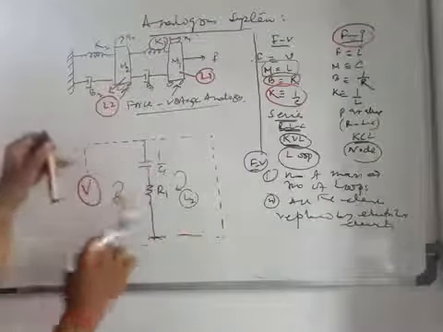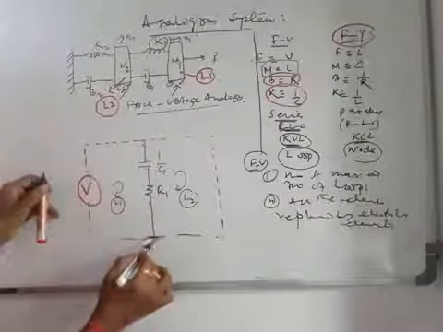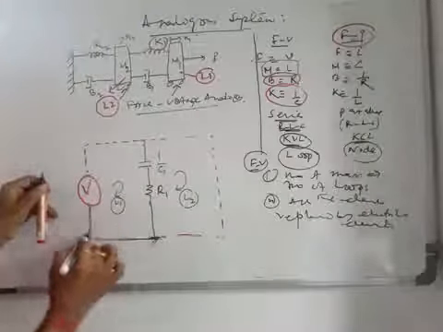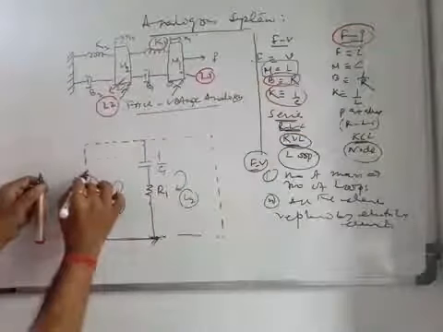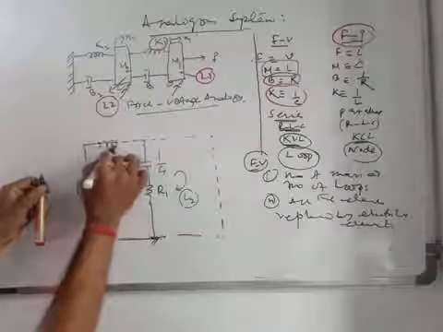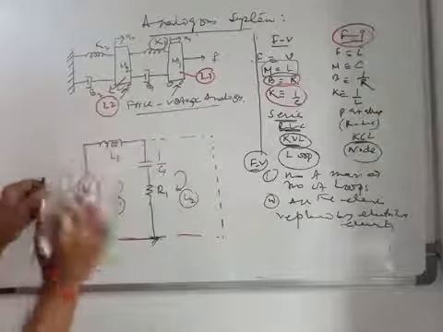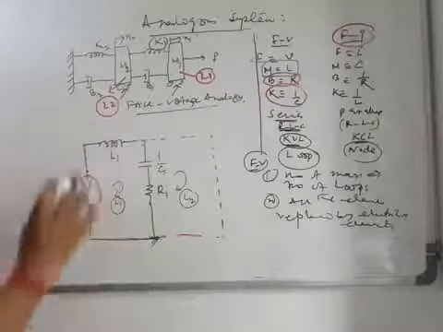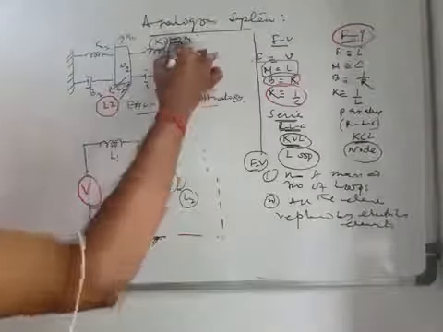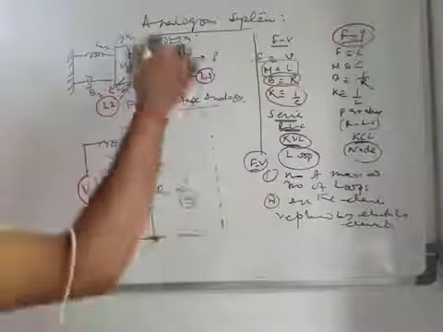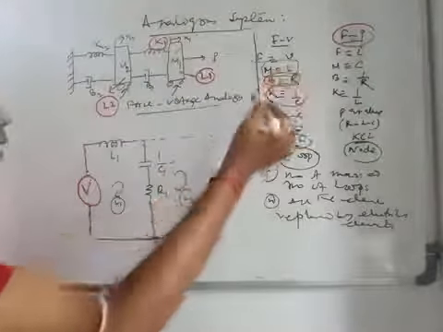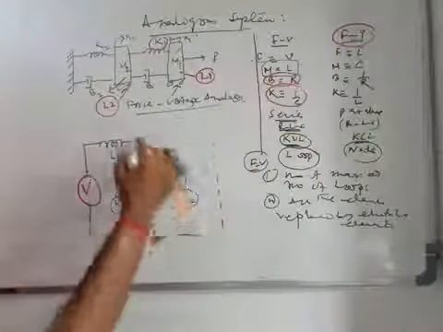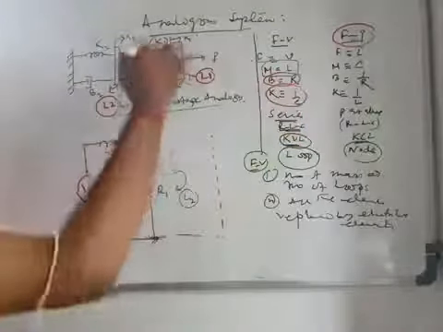And in this loop, this is your grounded common path. Now in this loop there will be one mass, that means one inductor, that is your L1. So this is the first loop. M1 is replaced by L1, K1 means 1 by C1 is replaced, and B1 means R1 is replaced, and this is the common path between the two loops.